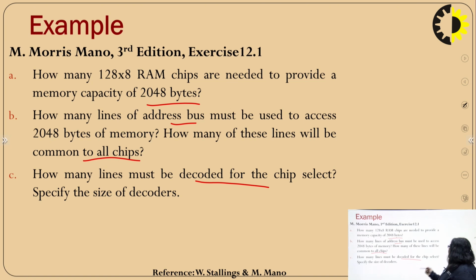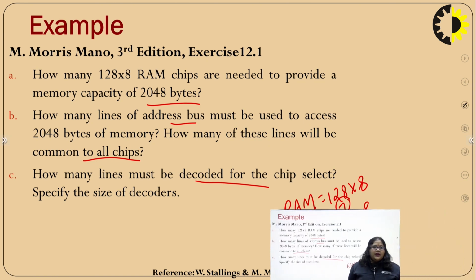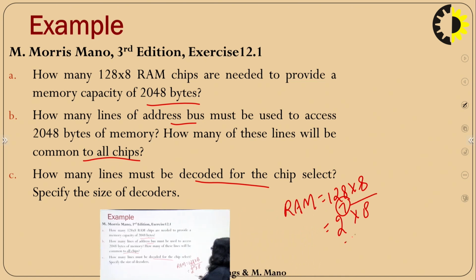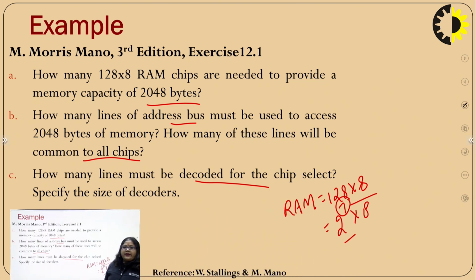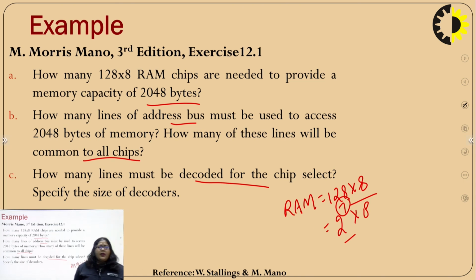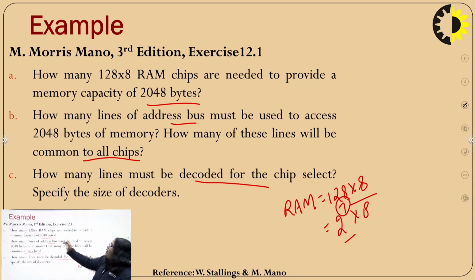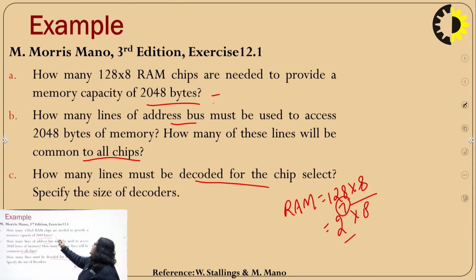So if the size of the RAM is 128x8, that means we have to define 7 address bits, because of the size 128, so there are 7 address bits we have to define.